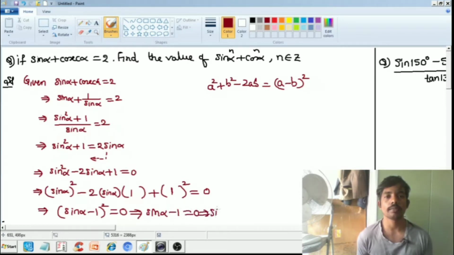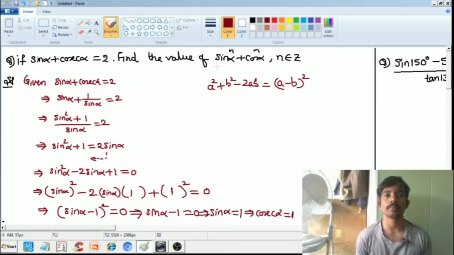From here sin alpha is equal to 1. Hence sin alpha is equal to 1 and cosecant alpha is equal to 1, because cosecant alpha is 1 by sin alpha, which is 1.